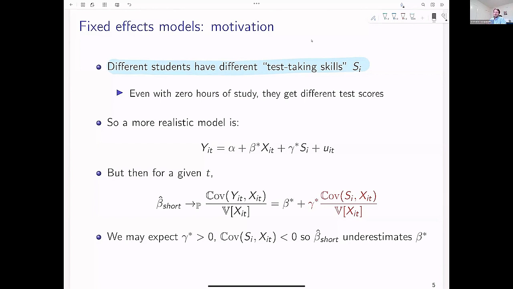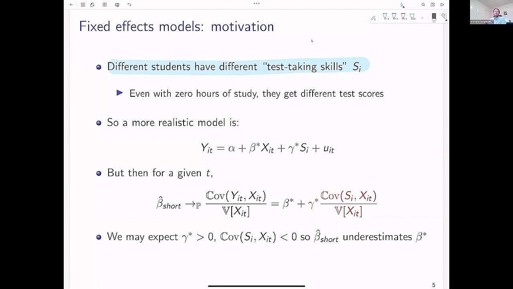I'm going to call that test-taking skills. This fact is basically saying that even if we forced everybody to study for 0 hours, different people would get different test scores. One reason would be that some people are just more comfortable taking exams, so they tend to do better for the same number of hours of study.